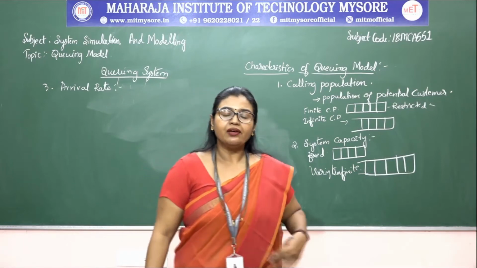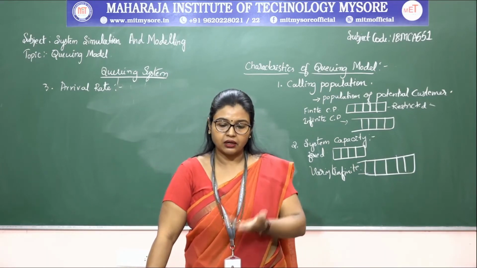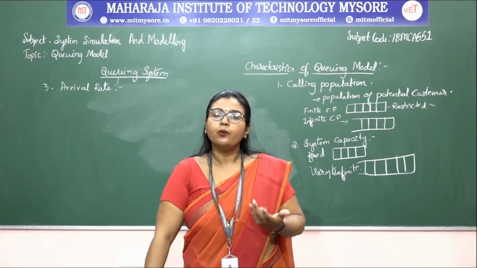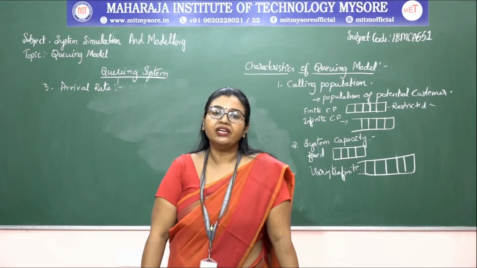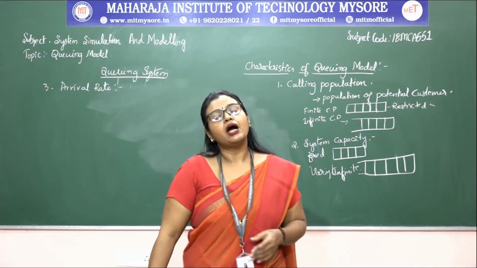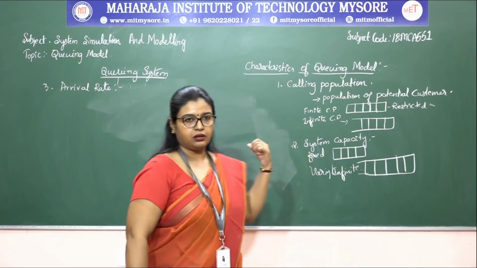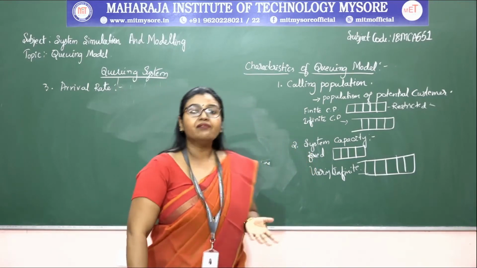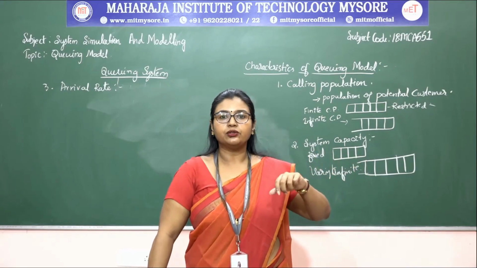So here, so whenever in the queuing model, whenever the customer coming into the system, we don't know at what time is going to come, and that too here we are simulating it. That means that we are going to predict it. Definitely we are going to apply some of the distribution to get this arrival rate of the customer, at what time the customer is coming into the system.